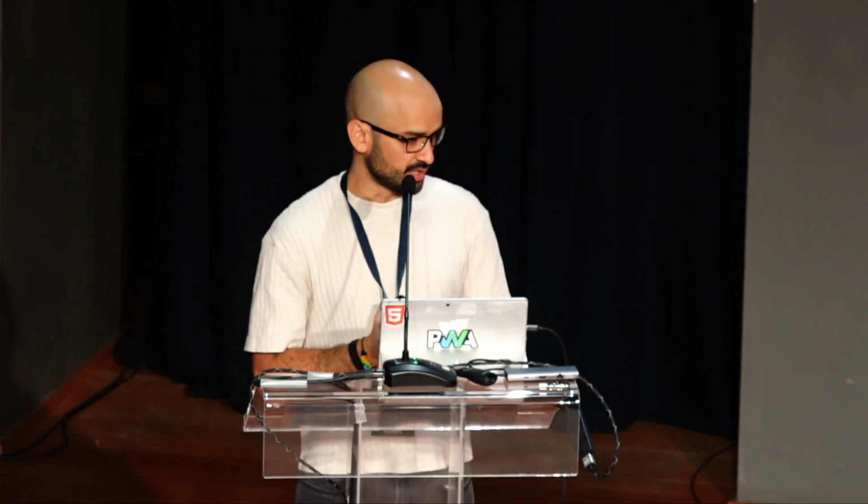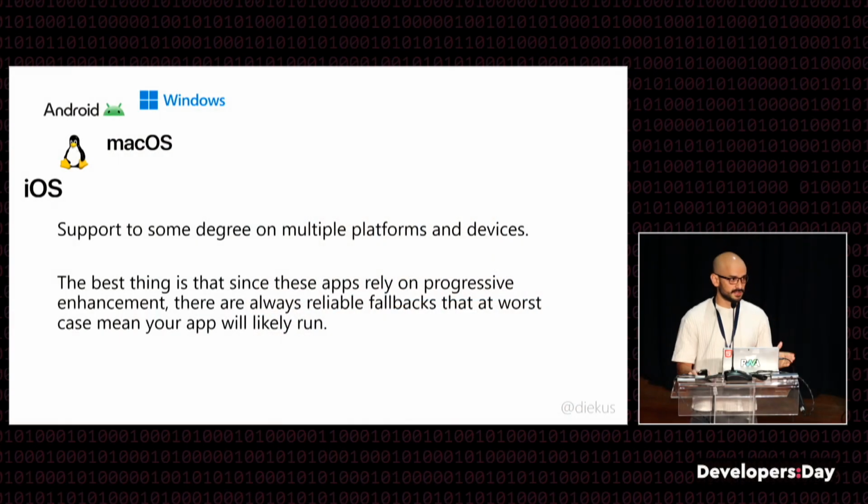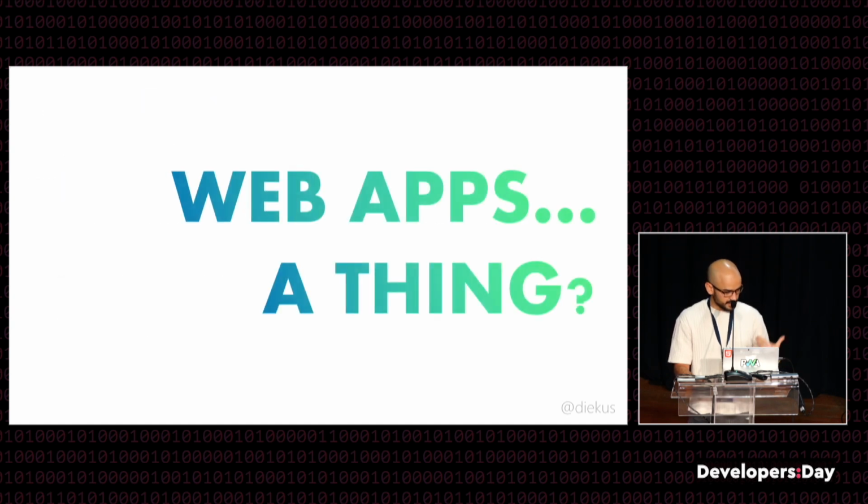I've created applications that I've tried on smartwatches. The smartwatch does not support all the functionalities of the application that I was creating, but nonetheless, the fallbacks allowed it to be a functional application. So it's actually quite an interesting thing to think about, the way that the web degrades gracefully.